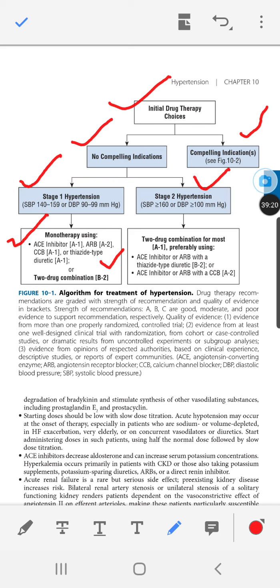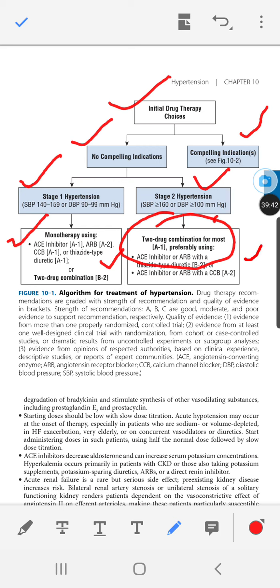So first of all you give the monotherapy, but in some patients with stage 1 you can give a combination, but for stage 2 you mostly give a 2-drug combination, preferably.